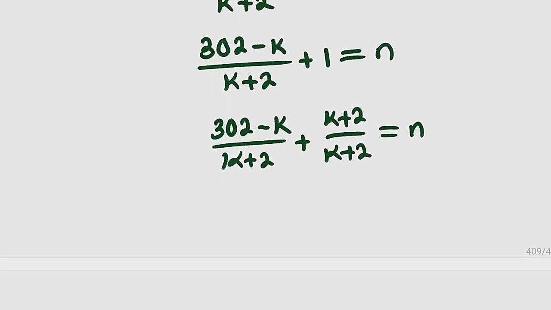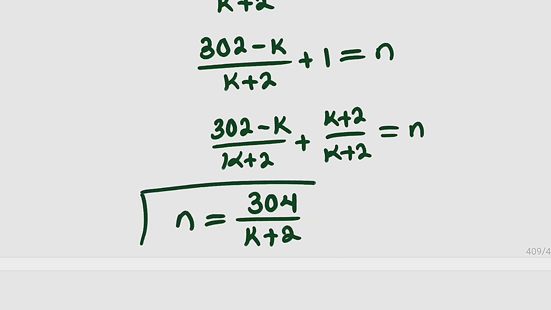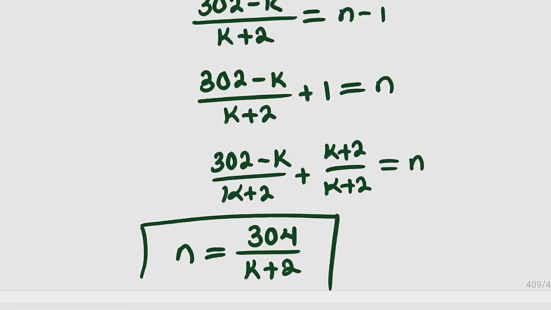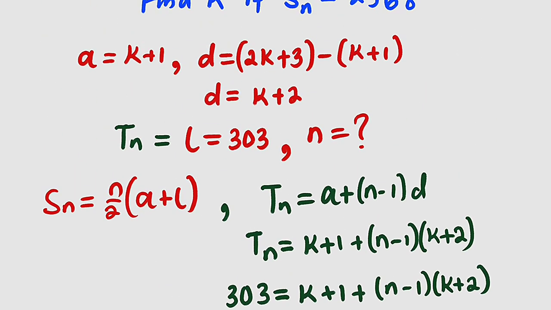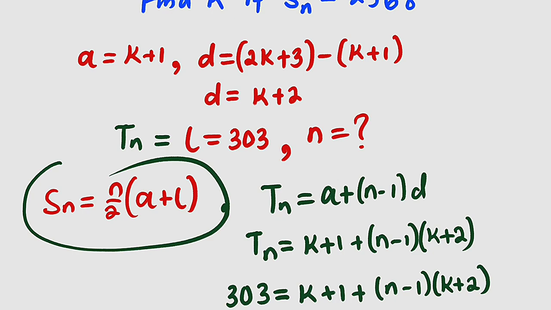Since the denominators are the same, we can add the numerators. 302 plus 2 is 304, and minus k plus k is 0. Then we divide by the common denominator, k plus 2. So n equals 304 divided by k plus 2. Now we can plug it back into our formula. Let me just copy that.